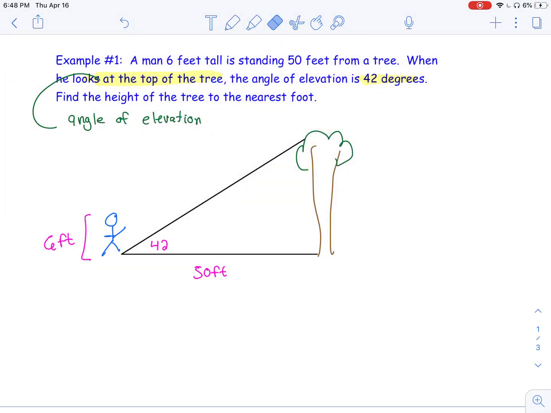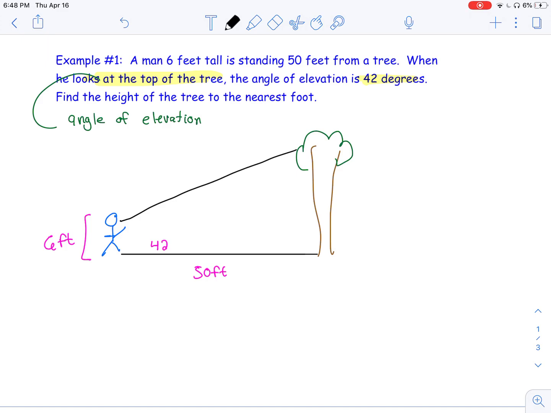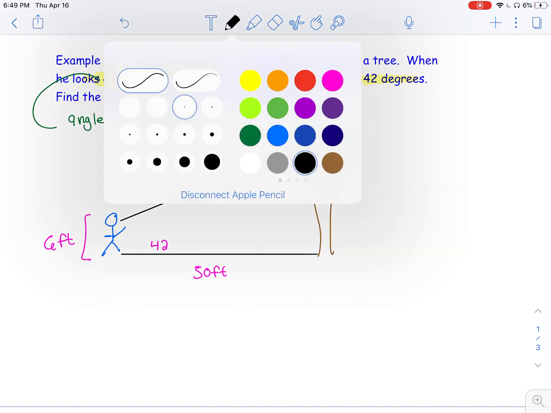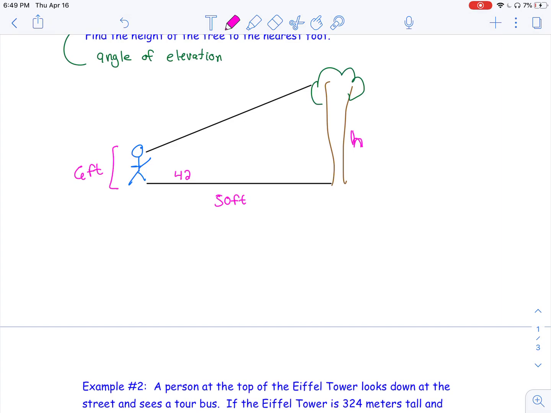And actually, I want to change this because it says he's looking up, so we're going to assume that that's coming from his eyesight here. And they want to know, what is the height of the tree? So the unknown, the thing that we're looking for, is the height of the tree. So what we have here is a triangle. Our triangle looks like this. We have a 42-degree angle of elevation.